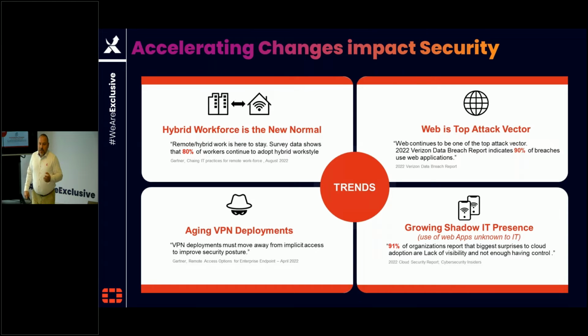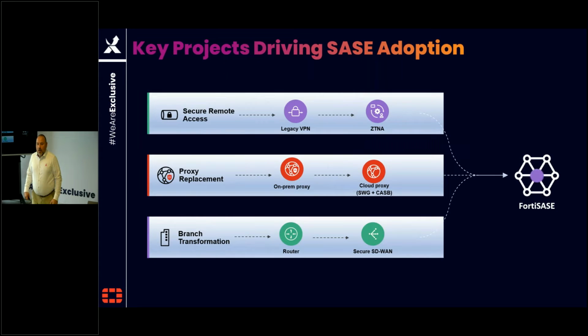So next to this, which are key projects that are driving SASE adoption? Well, first of all, there is the secure remote access, where people are moving from the old VPN to probably a ZTNA approach, which often is due to additional security which is needed, or sometimes also for legal and compliance reasons.